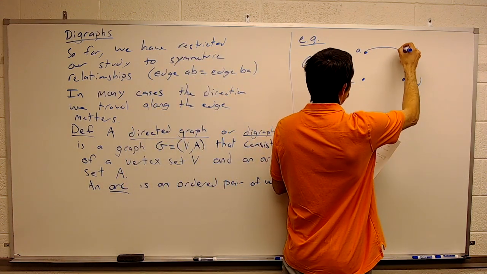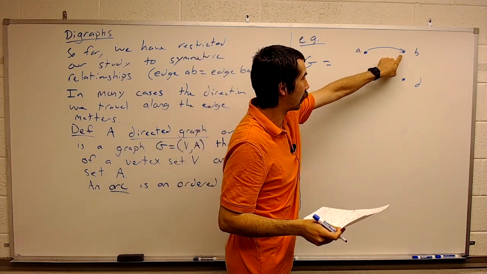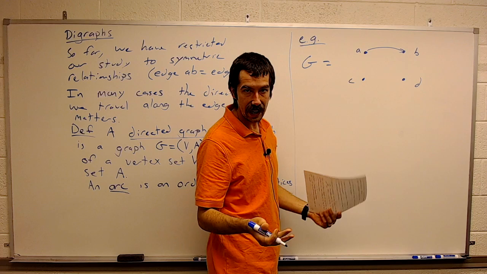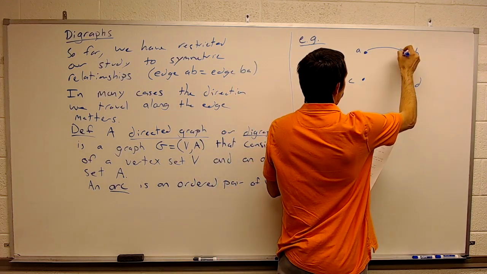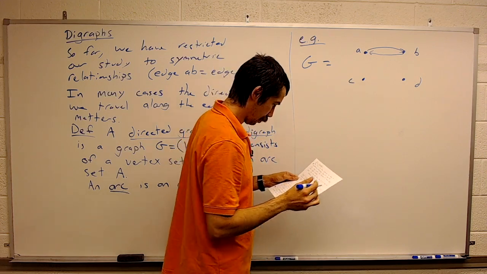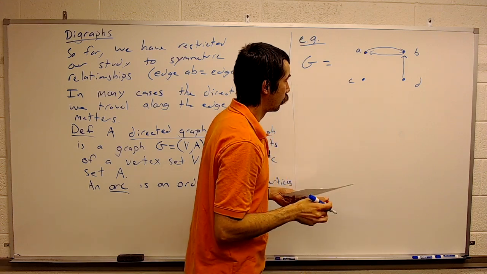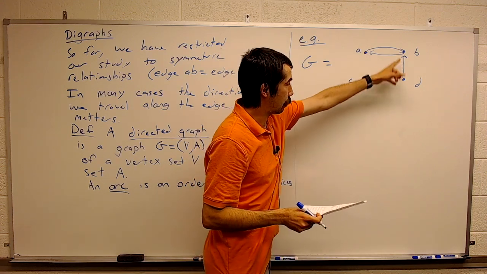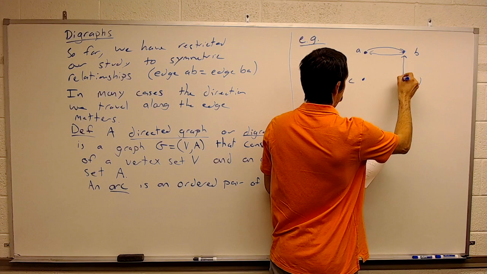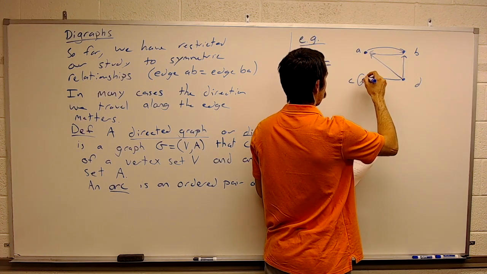And suppose we have the arc AB. So we're going to draw it with a little arrow at the end to represent that it's an arc and not an edge. And maybe we have BA. The arc DB. DA, DC, and then maybe we have a loop.